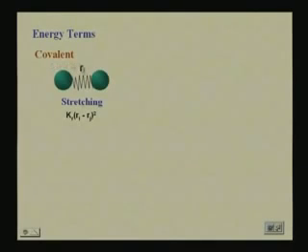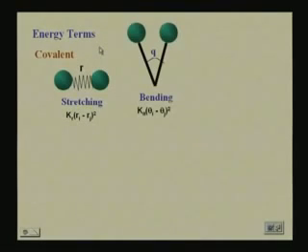Okay? So, what we have here is we have our covalent. What do we have in our covalent? We have our bond. Our bond is going to give us an energetic contribution to the total energy in the form of Hooke's law. What do we have for the angles? We have a bending. That is going to contribute to the energy also.